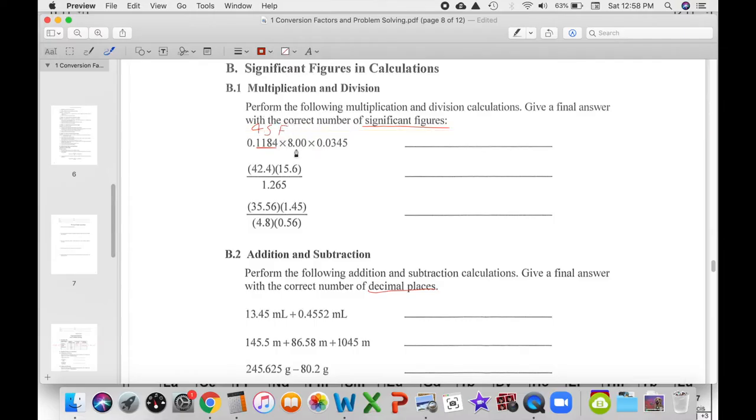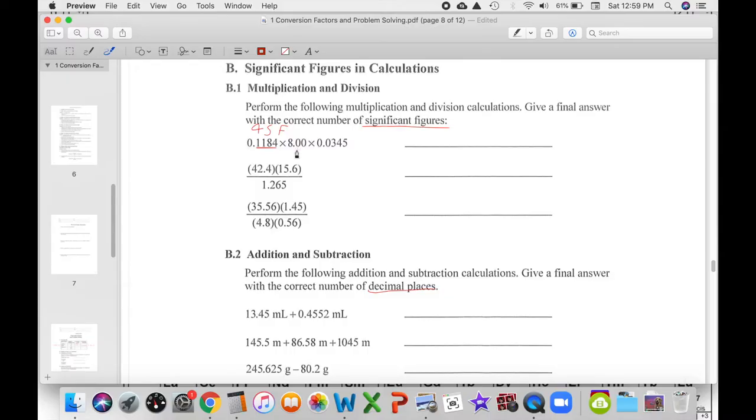Okay, now let's look at this second number over here. We have 8.00. Well, the 8 is definitely significant as a non-zero digit. Now the question is, do these trailing zeros at the end of the number count? While leading zeros are never significant and trapped zeros are always significant, trailing zeros, I think, are the ones that give students the most problems.